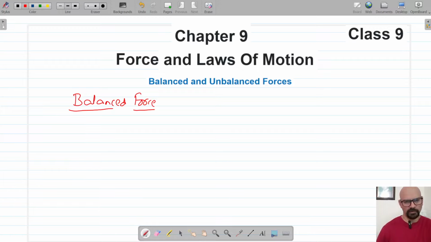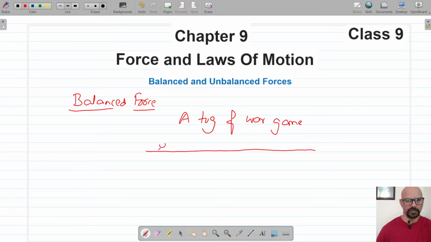let's take an example of a tug of war. In a tug of war game, we apply a force. There are individuals on both sides, and they are applying force to get the rope on their side.